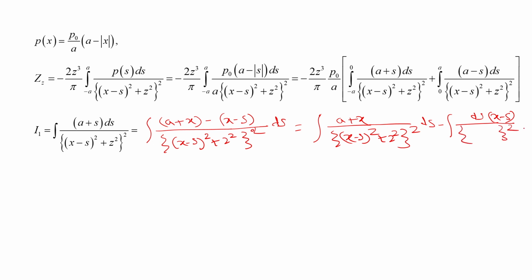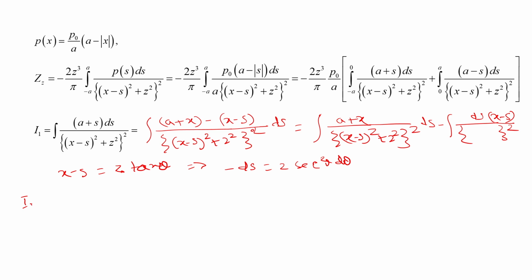So we can write x minus s is equal to z tan theta, and therefore this will give minus d s is equal to z sec square theta d theta. So let us substitute over here.